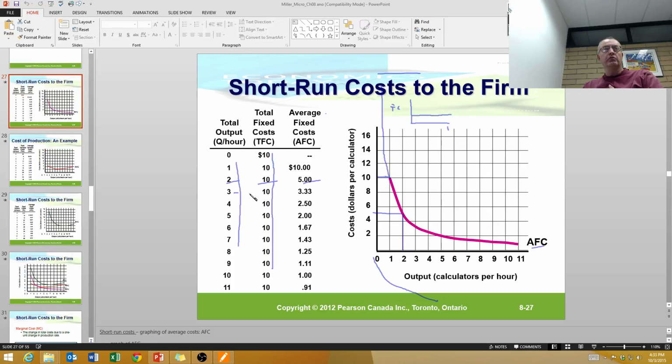When we produce 3 units, fixed costs are 10, so average fixed cost per unit is $3.33. It's about there, and so on. So fixed costs per unit steadily decline as output increases.